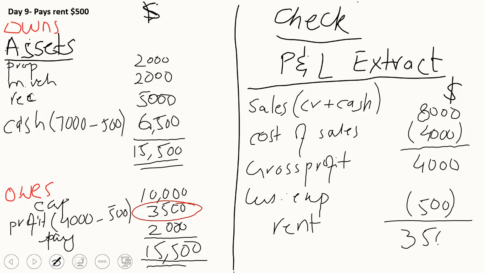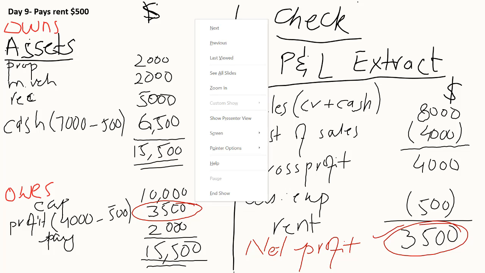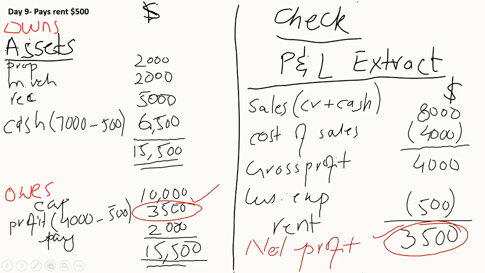So 3,500 is net profit, and this is the final profit as well, 3,500. So it has been proved that this figure is correct. So the dual effect is that cash has decreased by $500 and profit has also decreased by $500.